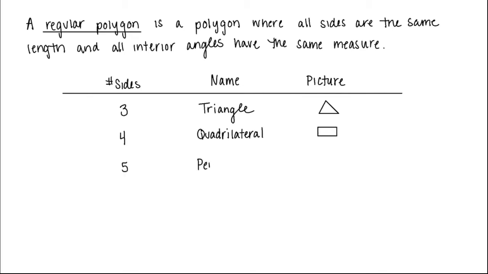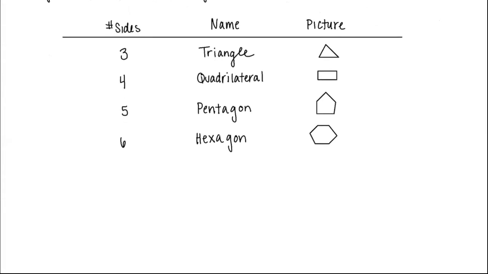5 sides is a pentagon. So like the Pentagon in DC has, I think, 5 components to it that form it. So we want to do a 5-sided shape, which is basically a house. 6 sides is a hexagon. That's 1, 2, 3, 4, 5, 6. 7 sides is a heptagon.